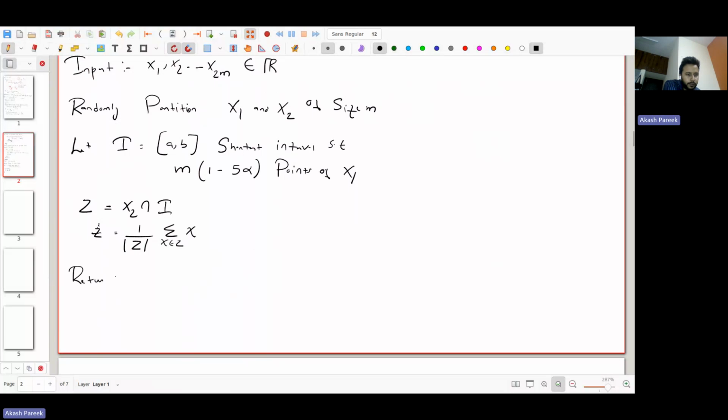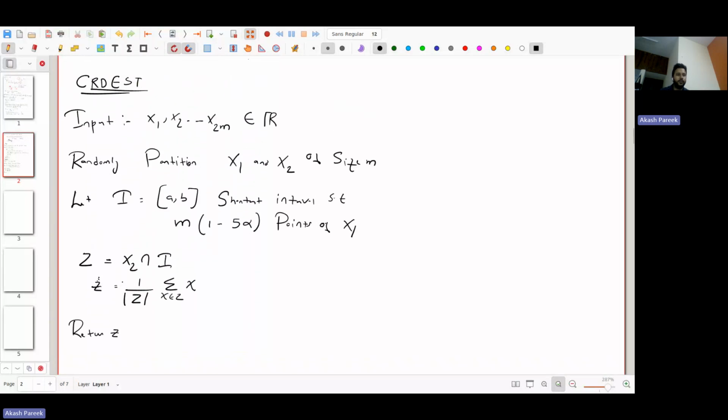So what this coordinate estimate algorithm is doing is the following. Since we projected our points onto one of the dimensions, we now have 2m points. We randomly divide them into two sets, X1 and X2. I go to X1 and take the shortest interval that contains 1 minus 5 alpha fraction of the points.